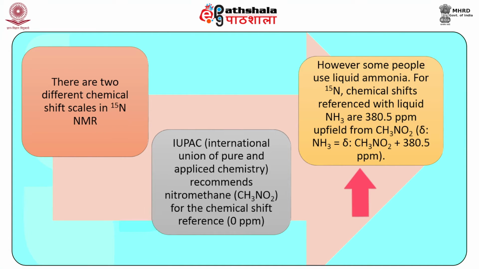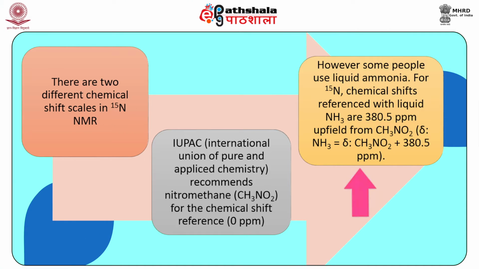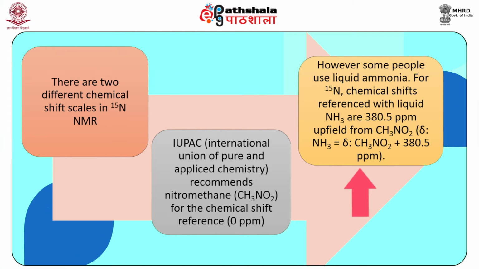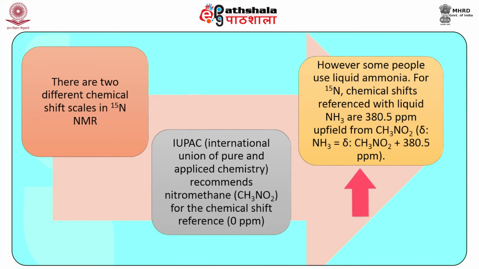However, some people also use liquid ammonia. For 15 nitrogen, chemical shifts referenced with liquid ammonia are 380.5 ppm upfield from nitromethane, that is delta for ammonia is equal to delta for nitromethane plus 380.5 ppm.